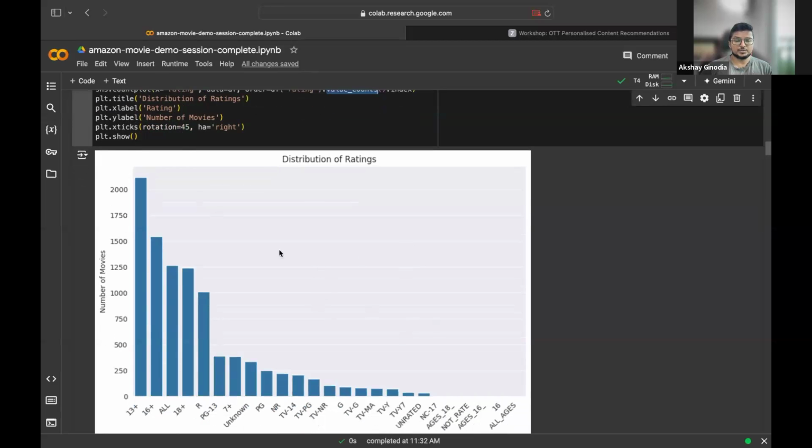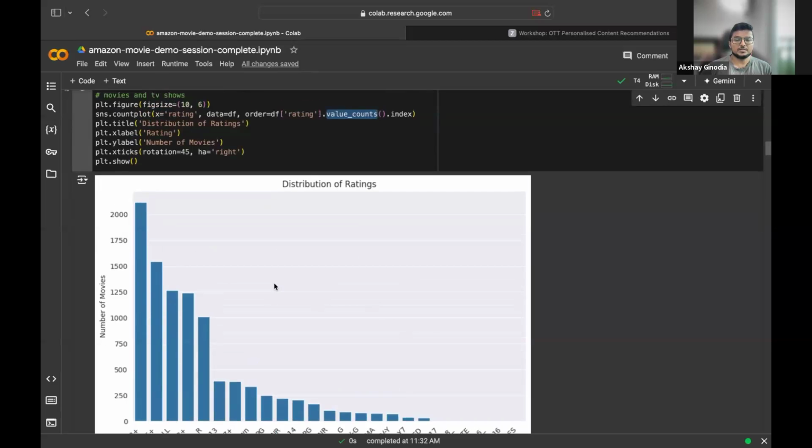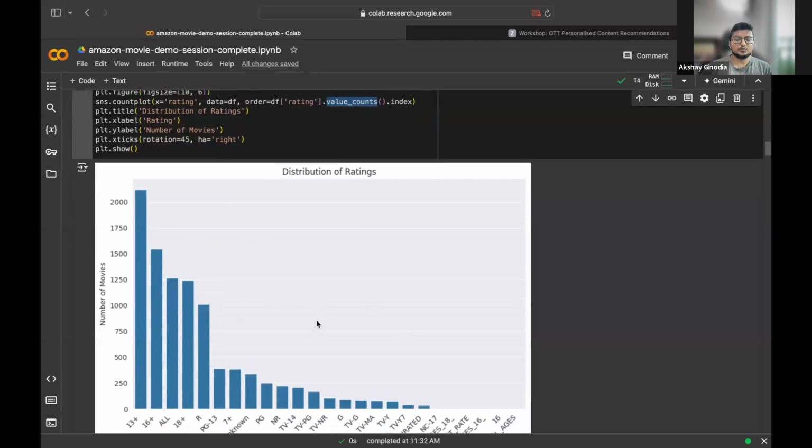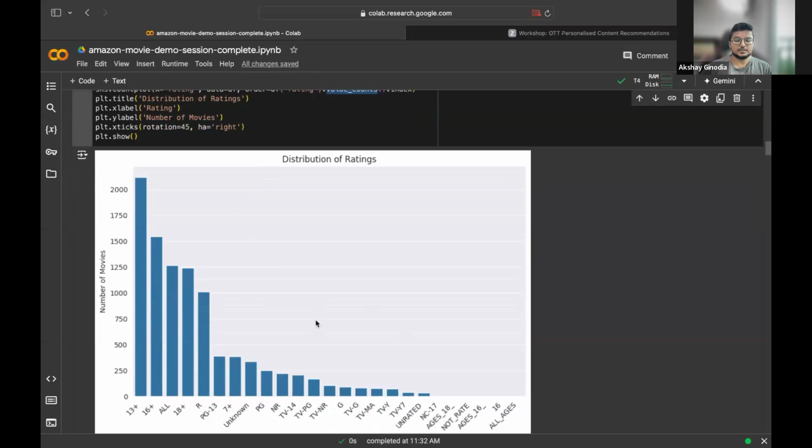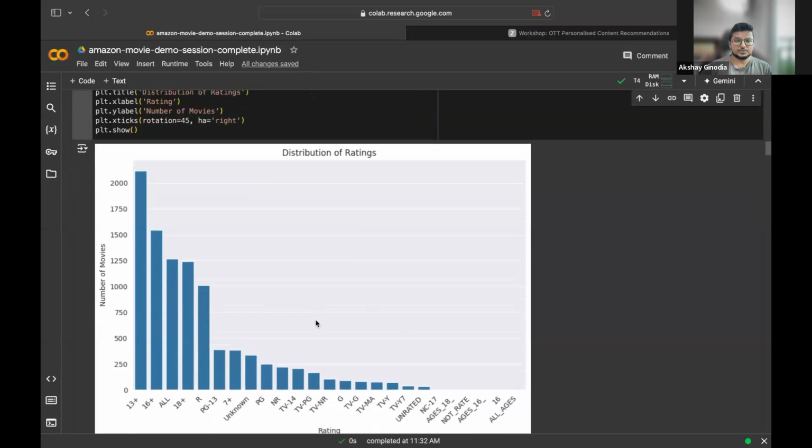But this is again a distribution plot, which tells us 13 plus and 16 plus are the ones that are dominating the entire rating category. But then I did not do any filtering, right? So it's combined with movies and TV shows.